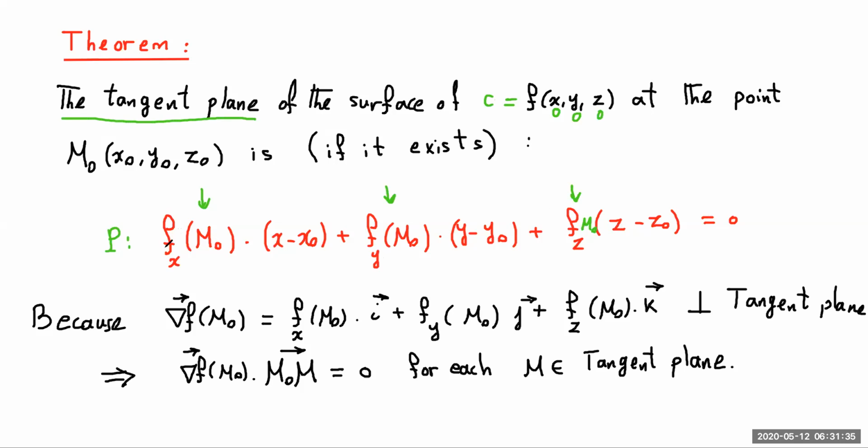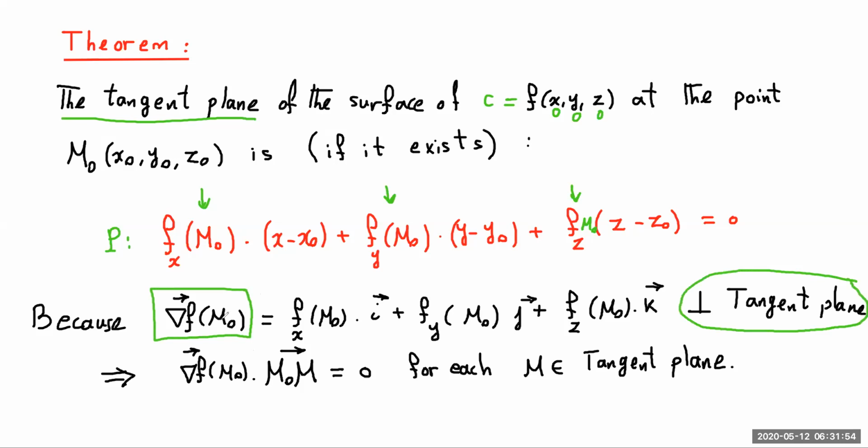This is the equation of the tangent plane. Why is this correct? Because the gradient at this point must be orthogonal to the tangent plane.